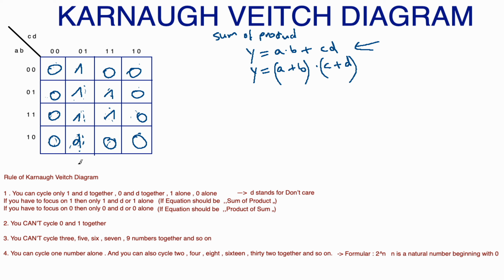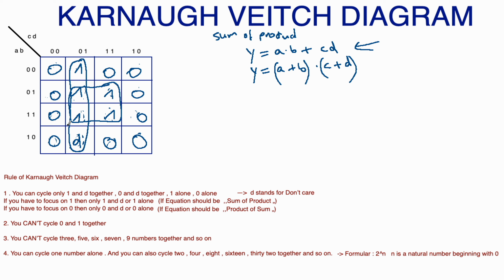And here, after the rule that we cannot cycle 1 and 0 together, only 1 and D, we can see that we can cycle those ones together, and we can also cycle those ones together.